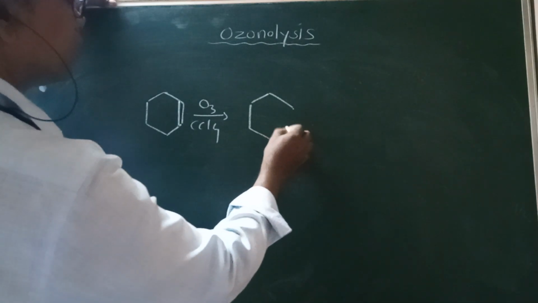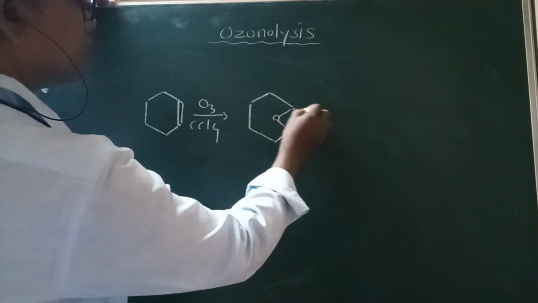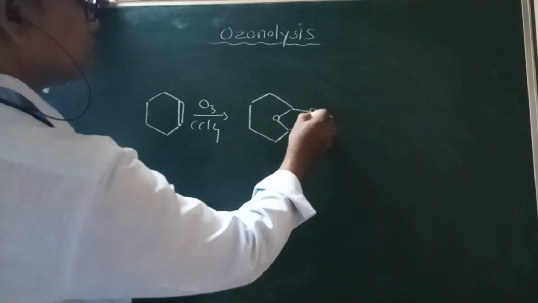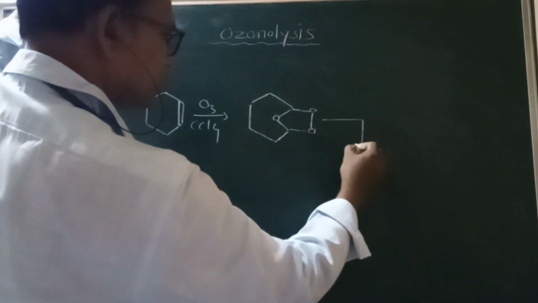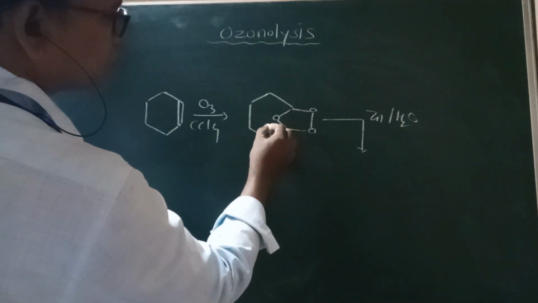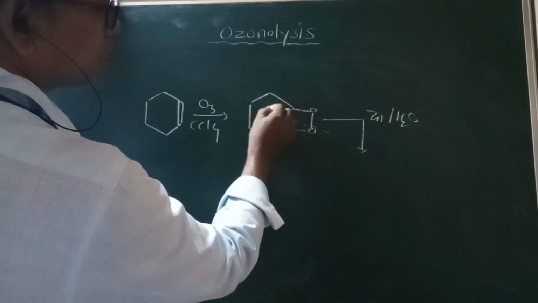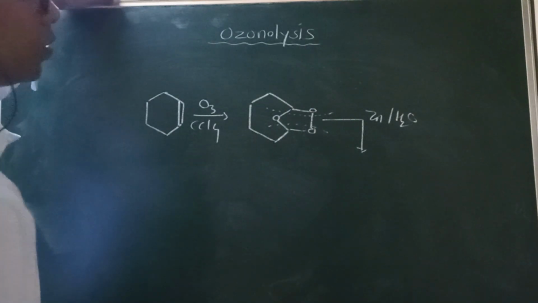You get this heart-like structure, that is oxygen, then carbon, then oxygen, then oxygen. You get this as an intermediate compound, and this intermediate compound on, say for example, reductive cleavage with zinc in presence of water, takes place like this. It's a breaking of this intermediate compound. What will happen?